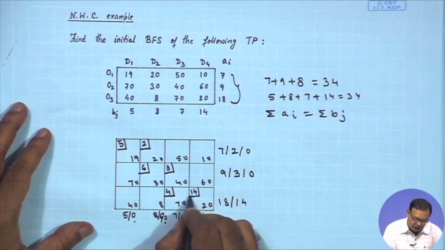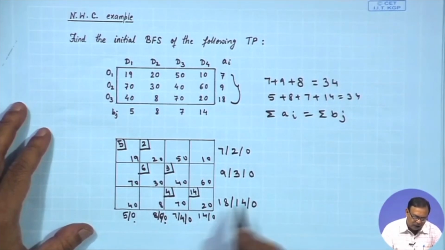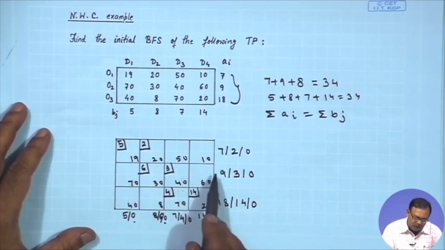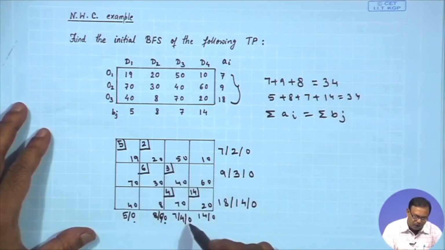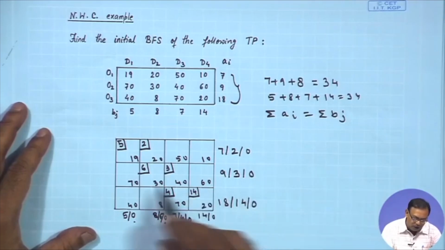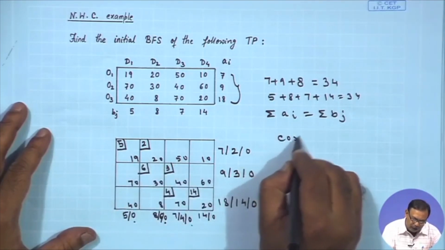So, now you can see this 14 I have made. I have made the allocation like this. Like this way, for each case I have made the allocations. So, your total cost can be calculated.